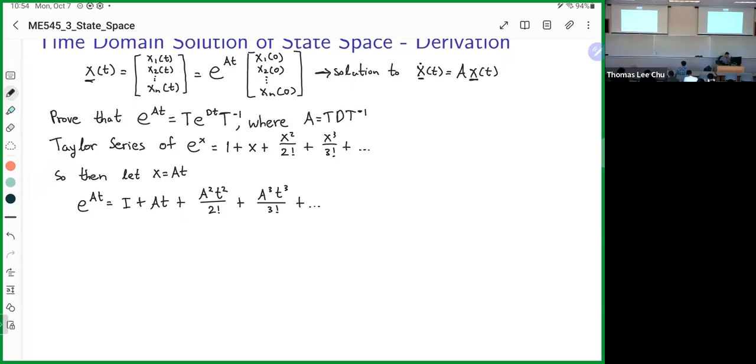All right. So far it's not great if we have to take a to the cubed, a to the fourth, a to the fifth. That's a lot of matrix multiplication. But then what we want to do is sub in a equal to t d t inverse.